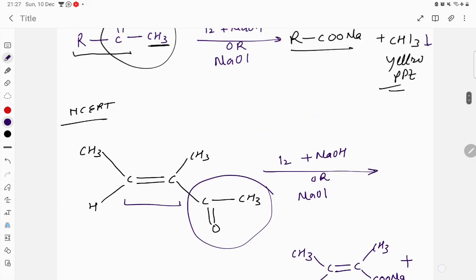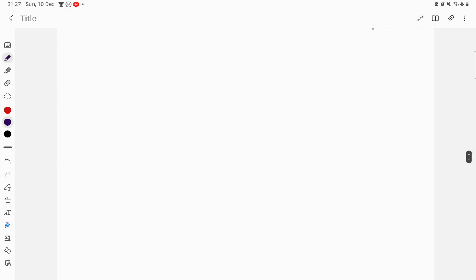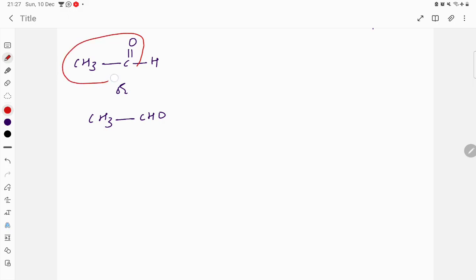Now let us see another one, the aldehyde. This test is also given by aldehydes, but depending on whether they have the methyl keto group. Take CH3CHO. Unlike the Fehling and Tollens tests, which are given by aldehydes only, this is given by both aldehydes and ketones.